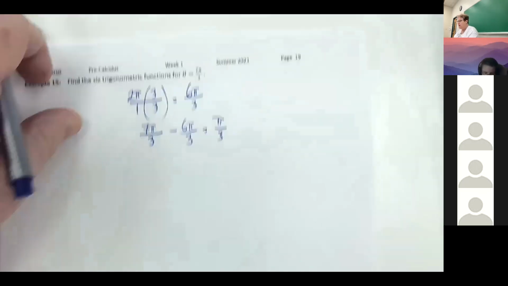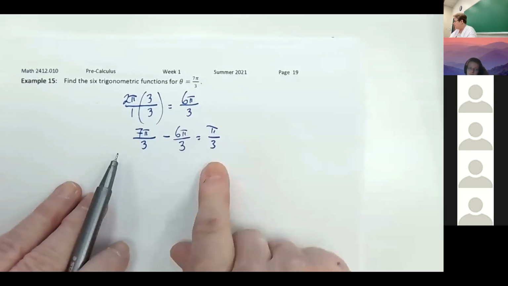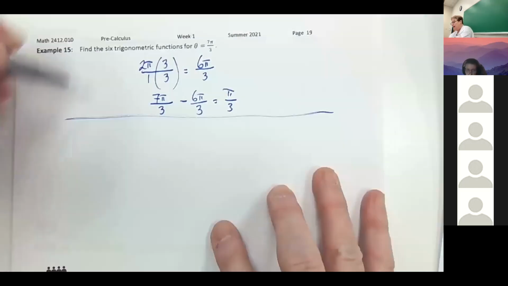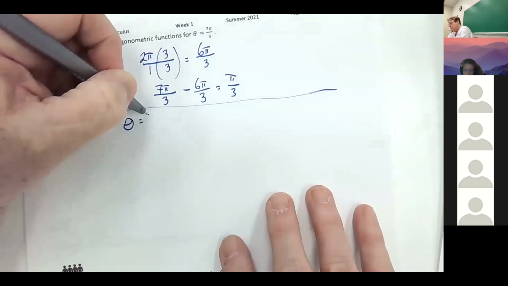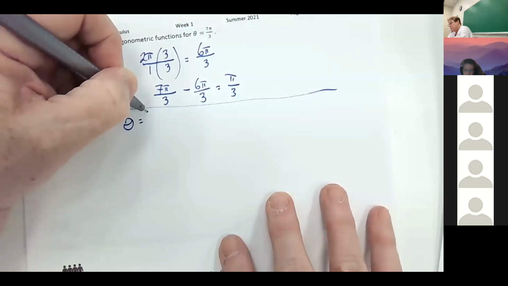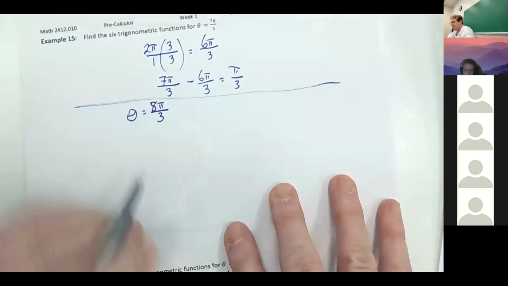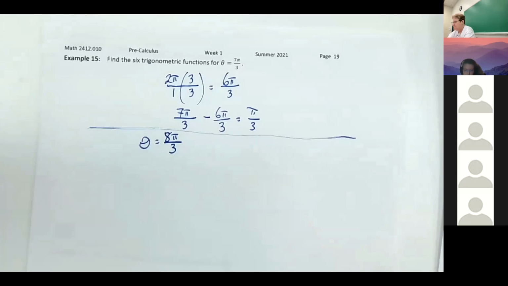We didn't finish this problem. Good grief, Nell. Oh, yes, we did. Pi over 3. So we had all those values. What if we had been given 8 pi over 3 and we want to find all the trig functions?